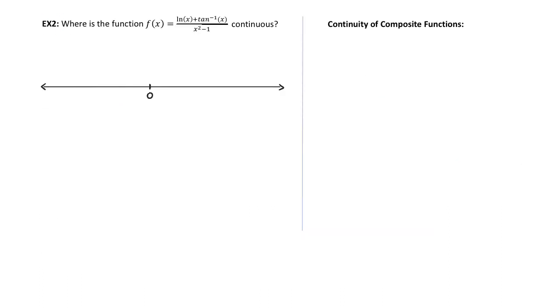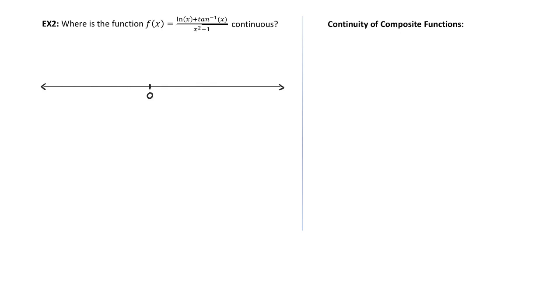Let's look at example 2. Example 2 is asking where is the function f of x continuous, which is made up of the sum of other functions like logarithmic functions. This is the natural logarithm, or shortcut ln x. Remember, ln x is a logarithm with base e, and e is a real number approximated as 2.71.